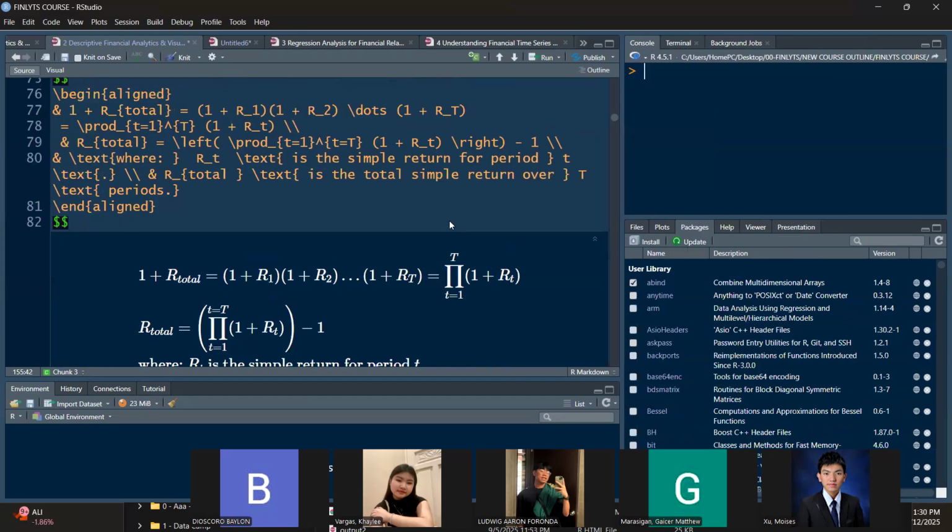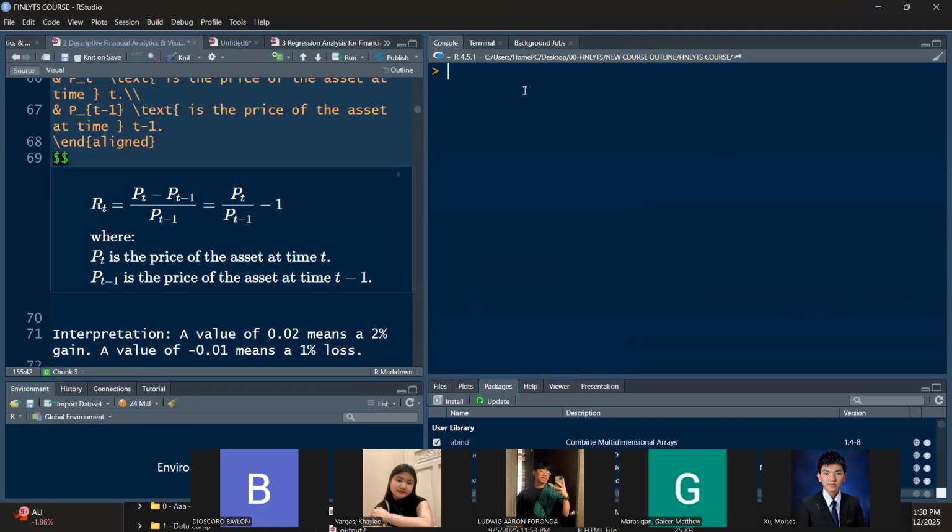So I'll give you a quick question. If the return for period 1 was 10% or 0.10, the return for period 2 was 0.06, the return for period 3 was 0.05, the return for period 4, notice I'm talking of returns, is negative 0.04, and then negative 0.03, and then 0.01.